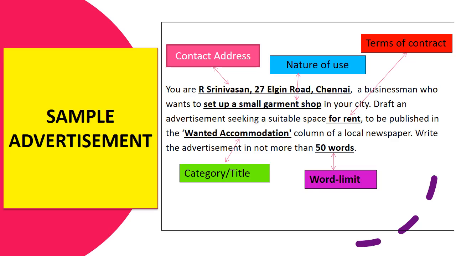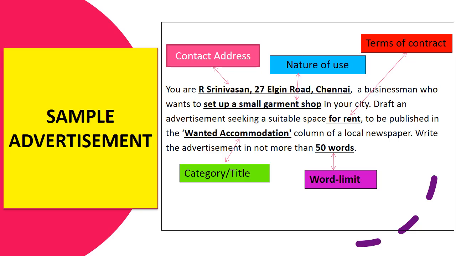Now students, I'm going to read the question once again and let us see what is given in the question. You are R. Srinivasan, 27 Elgin Road, Chennai. So the contact address is given here. A businessman who wants to set up a small garment shop in your city. So what is the nature of use? The property which you want. You are going to set up a small garment shop.